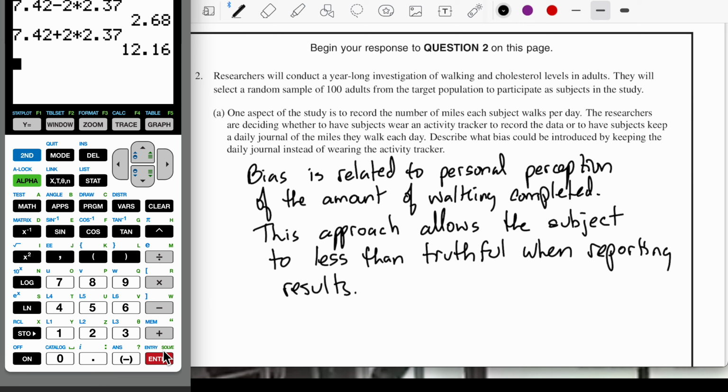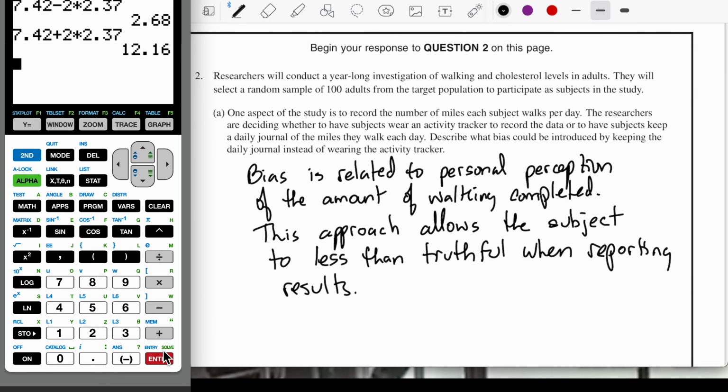I just round up. If you're going to be less than truthful about an outcome, it's going to happen when you have the opportunity to be less than truthful. But you don't want to say people are more likely to lie about it.